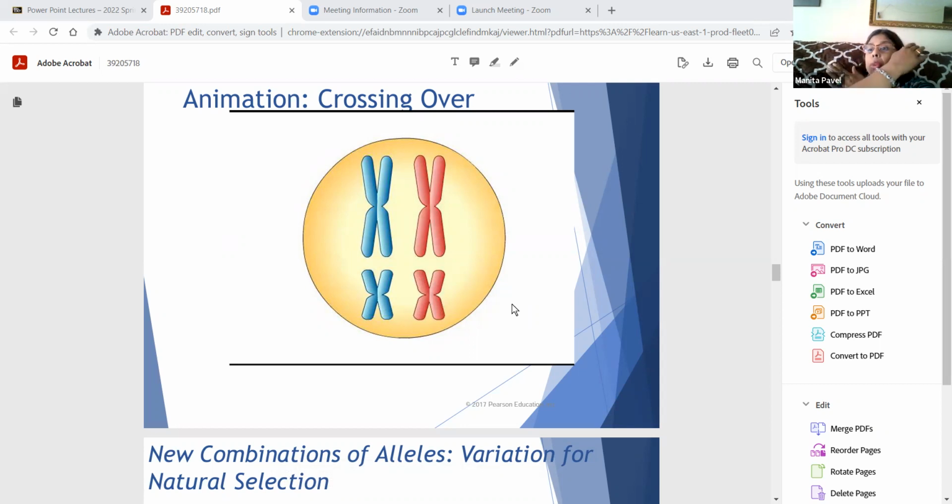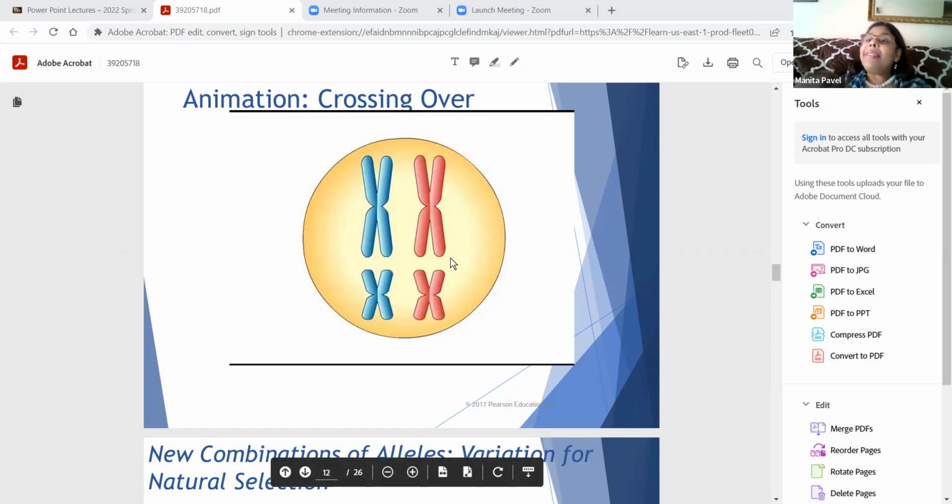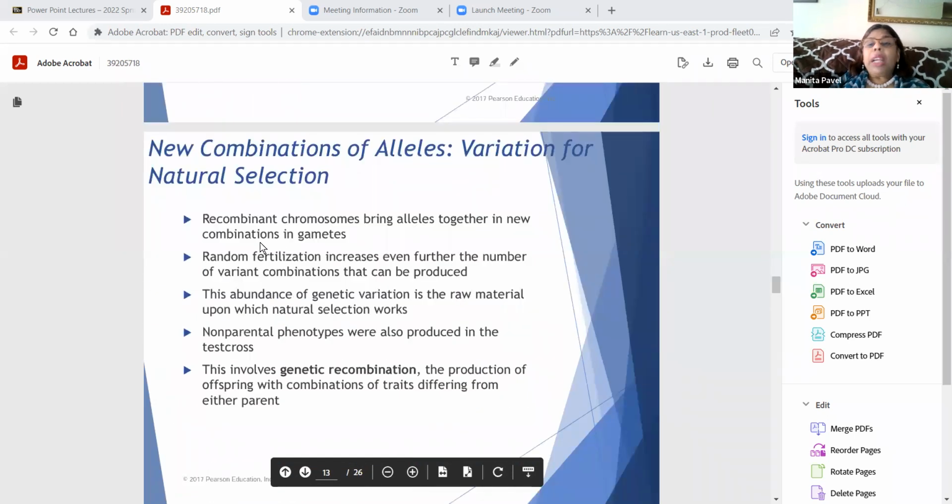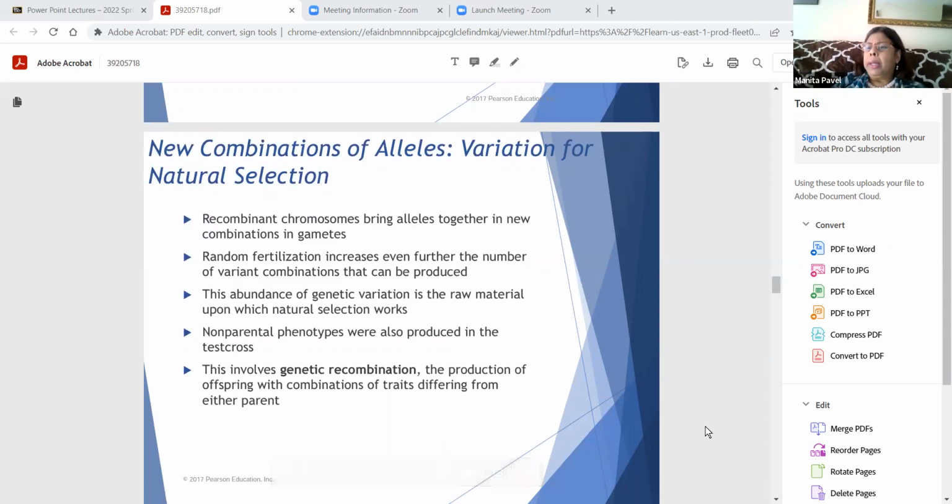At this intersection point, the X-shaped region, which we call chiasma, where synapsis occurred. And so we can clearly see the crossing over is resulting in new combinations of genes or traits. So recombinant chromosomes bring alleles together in new combinations in gametes.